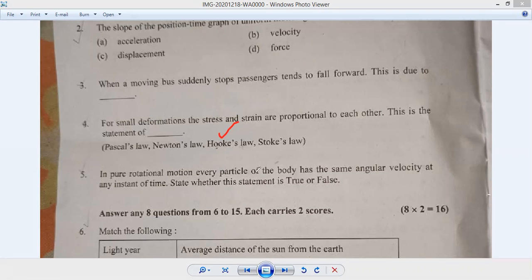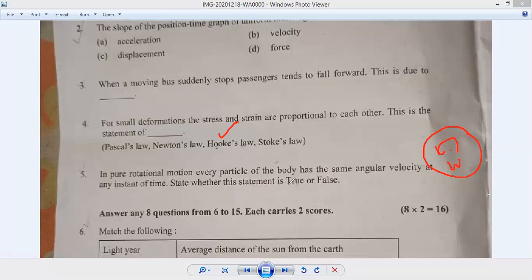The fifth question is, in pure rotation, every particle of a body has the same angular velocity at any instant. Check whether the statement is true or false. In pure rotation, if a body is rotating at an angular velocity omega, then all the particles in that body will be rotating at a constant angular velocity omega.